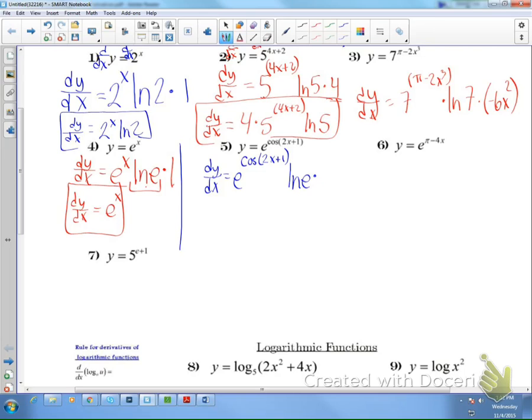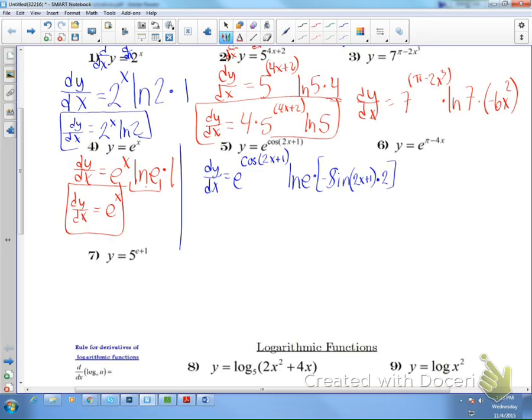Okay, who has the chain rule for the derivative of cosine of 2x plus 1? Christine? Negative sine of 2x plus 1 times 2. Good.